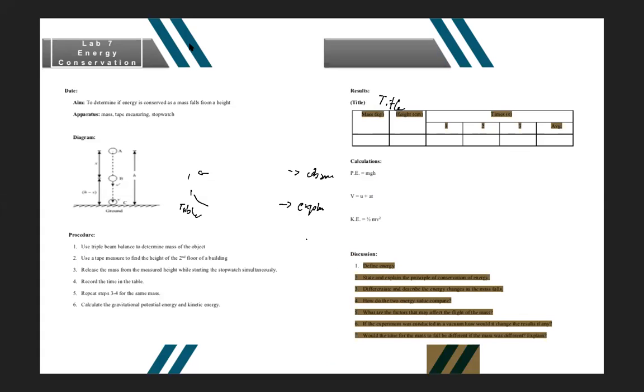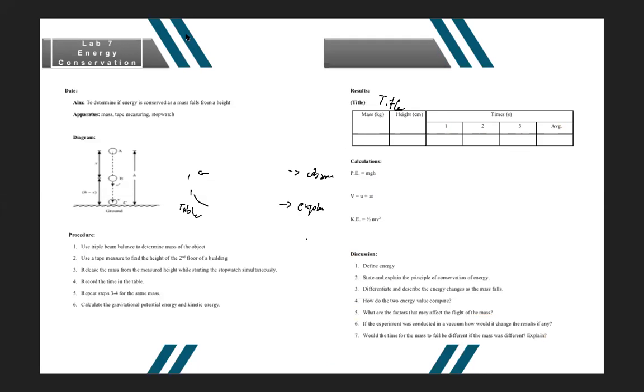Now, Mr. Aldre, tell me what you have for your mass. 0.1. What do you have for your height? 73 centimeters. And what do you have for one? 1.25. What do you have for two? 1.0.